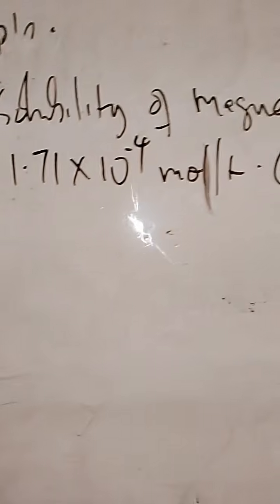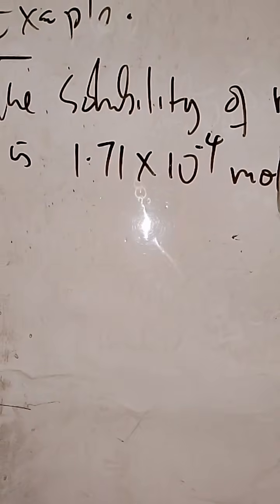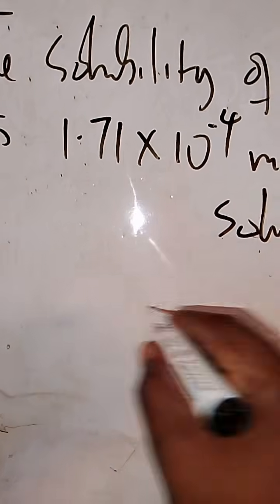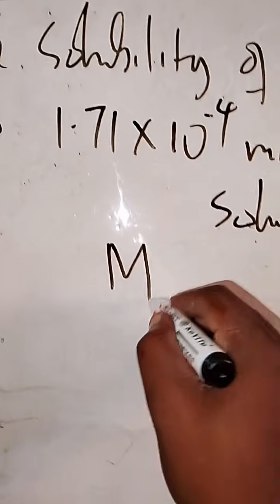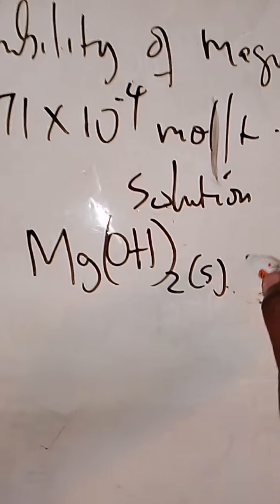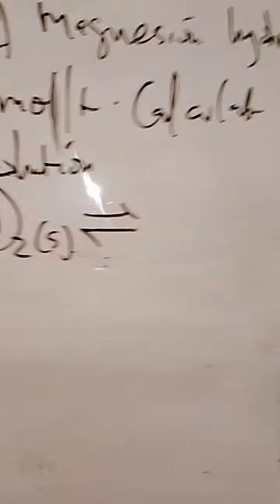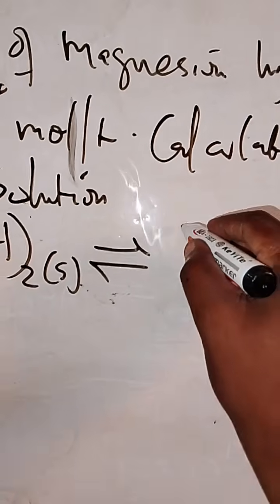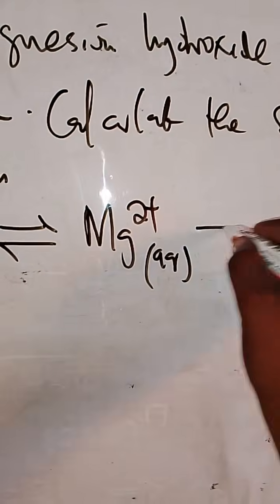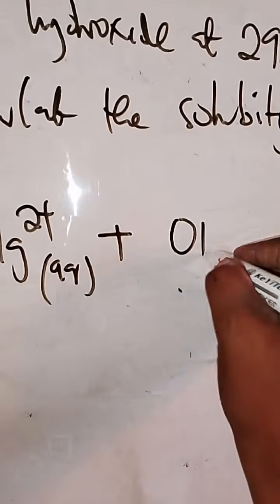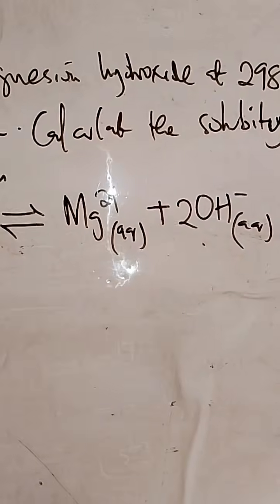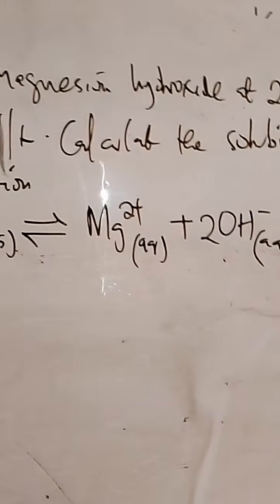Okay, so here we need first of all to write the equation. Magnesium hydroxide solid forms magnesium ion aqueous plus 2 hydroxide ions.